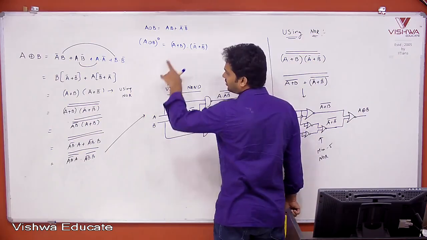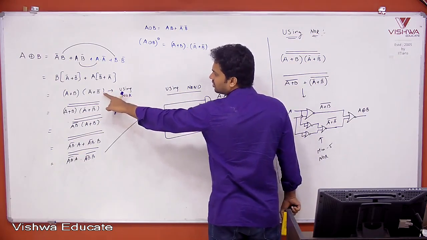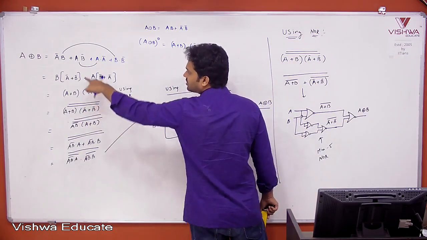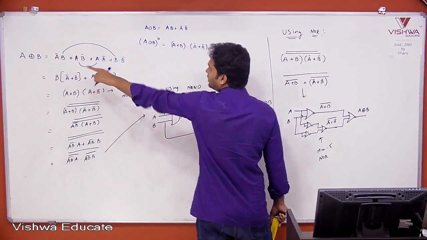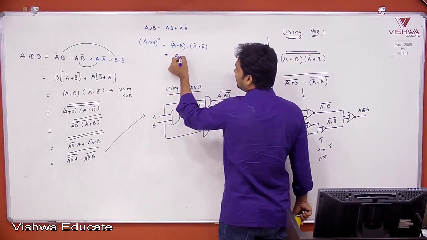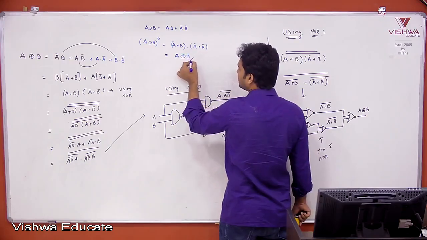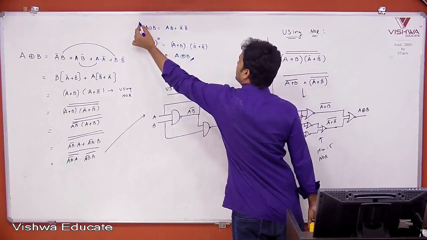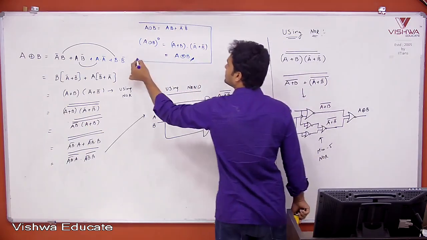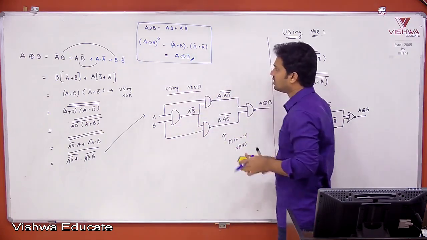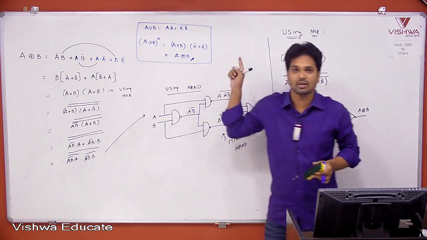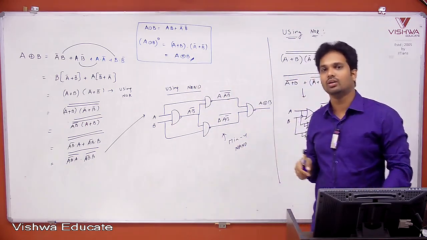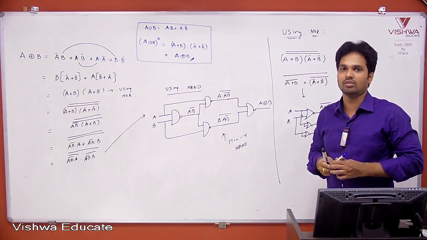Now you observe, is it the same as this function or not? A plus B into A bar plus B bar is nothing but A XOR B. So the relation between XOR and XNOR is that they are dual to each other. That is the main important point.